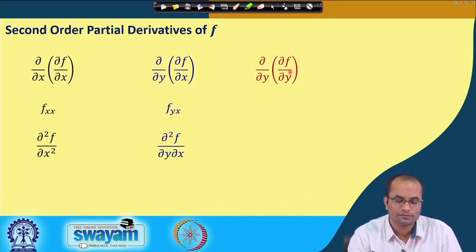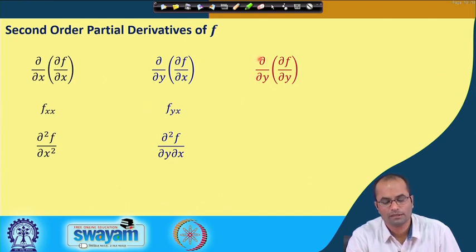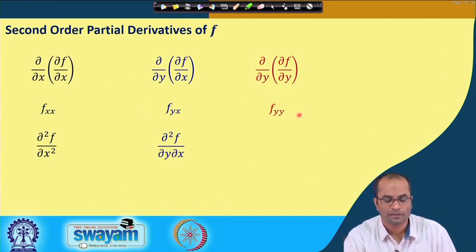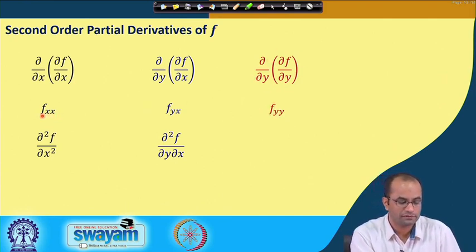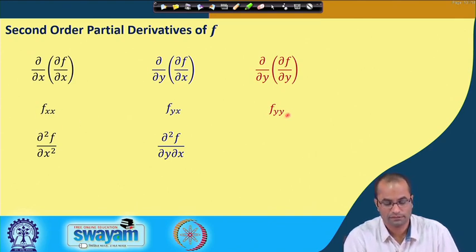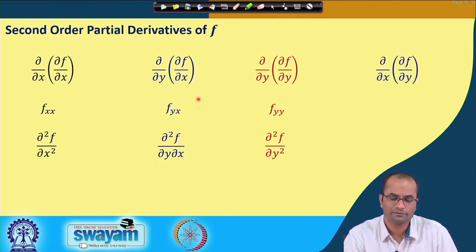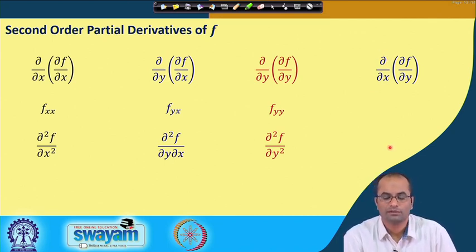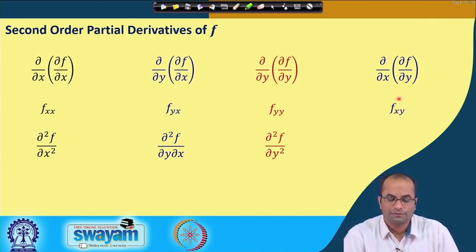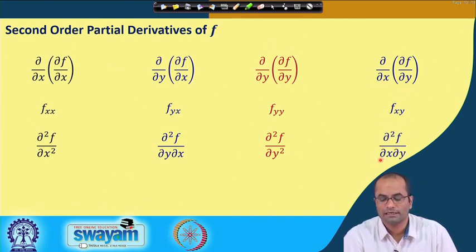Similar notation for the 2 times partial derivative with respect to y, which we will denote as f y y or del 2 f over del y 2, or we can have first the partial derivative with respect to y and then we take the partial derivative with respect to x. This we will denote as f x y or del 2 f over del x del y.